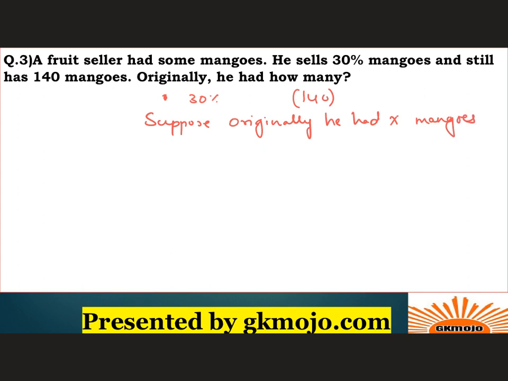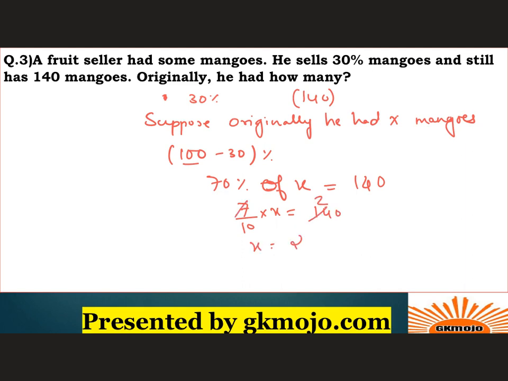Therefore, what the question is saying is 100 minus 30, because if 100 are there, he sold 30% out of that, so the leftover is 70%. This 70% of X, of the total, is 140. So 7 by 10 into X is 140. So X is equal to 200.